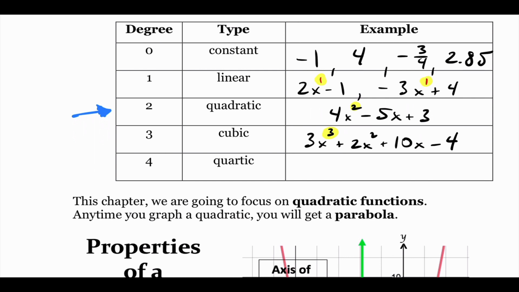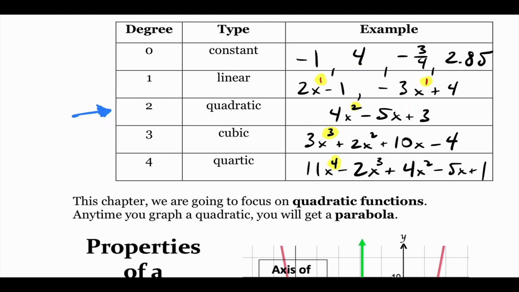Quartic means the highest power is now 4. Okay. Cubic and quartic, that's next chapter. We're going to work on those next chapter. This chapter, we're only focusing on quadratics.